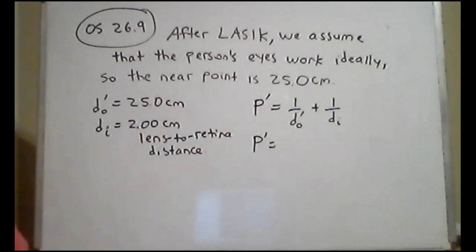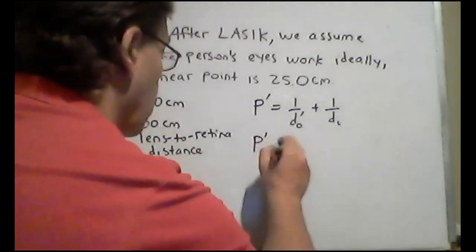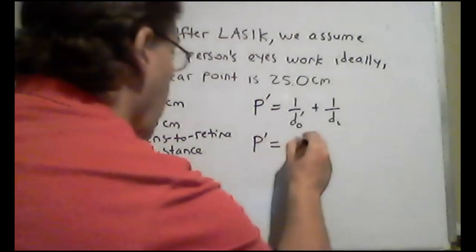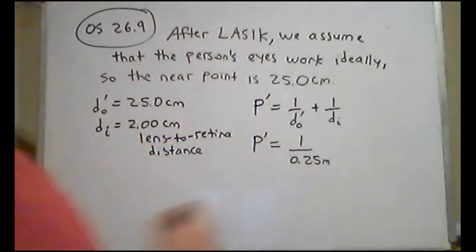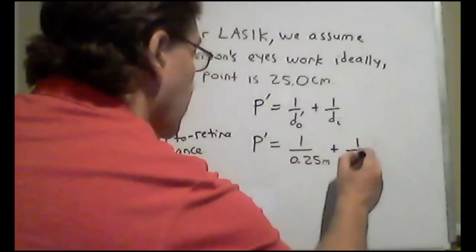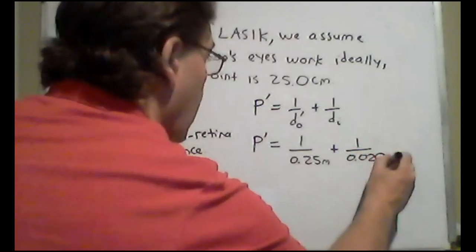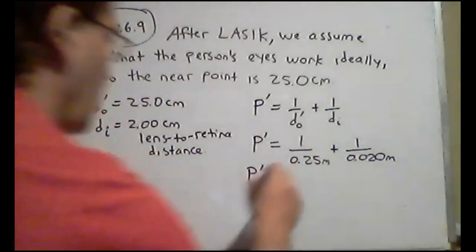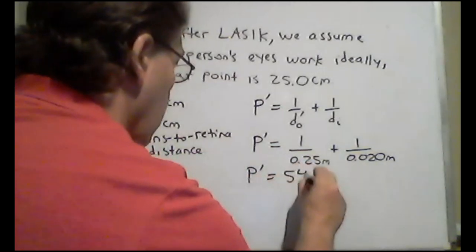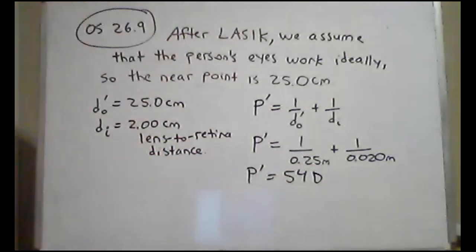You can be loosey-goosey about distances in optics usually, as you're not calculating energies or forces, but when it talks about diopters, the distances must be in meters. So D_O prime is 1 over 0.25 meters, that's 25 centimeters, plus 1 over 0.020 meters. So your perfect near vision will be 54 diopters. That's what this person will have for the power of his eye at near vision.